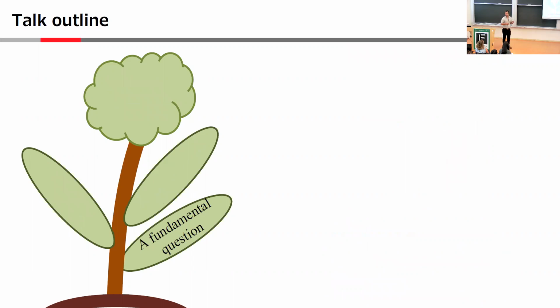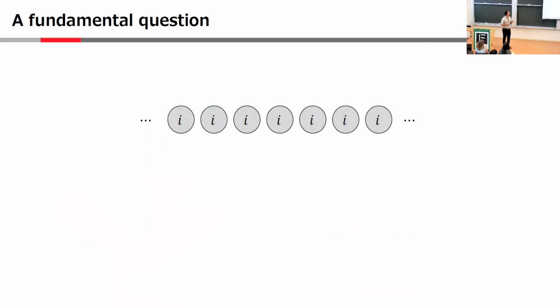So what's the small fundamental question? This is it. So these circles here are quantum states, and we have many of them, and they each carry some information I. And the information I'm going to be talking about today is information in the metrological sense. So what does that mean?